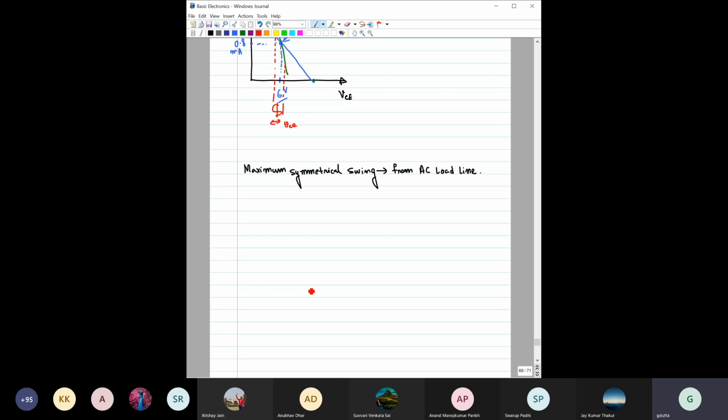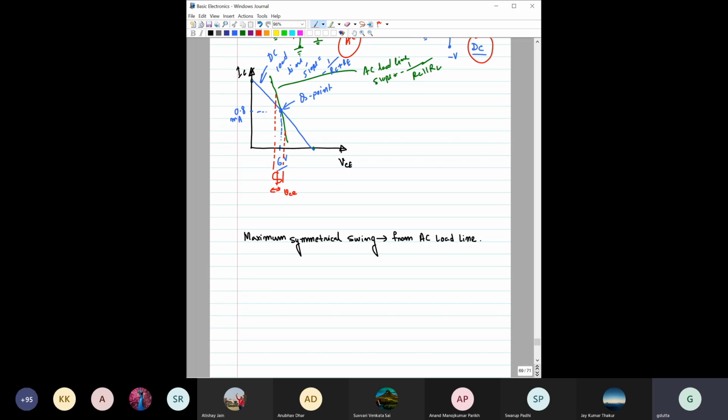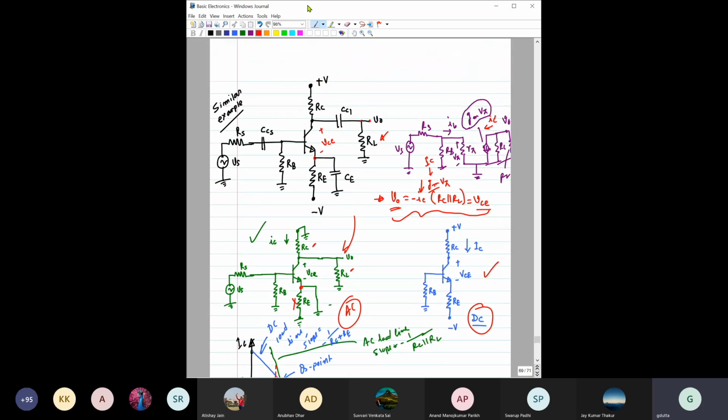Now, let us consider one interesting topic, that is called the maximum symmetrical swing for a particular amplifier. So what do we understand from this? Say here this signal is this much, this Vs, right?